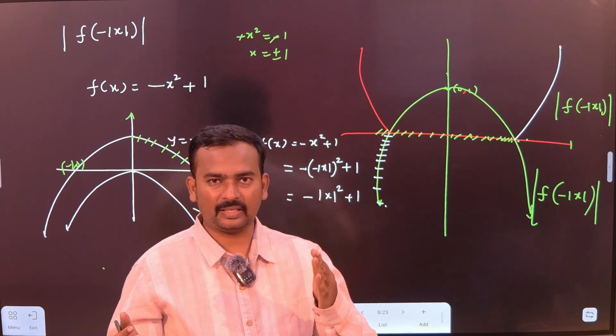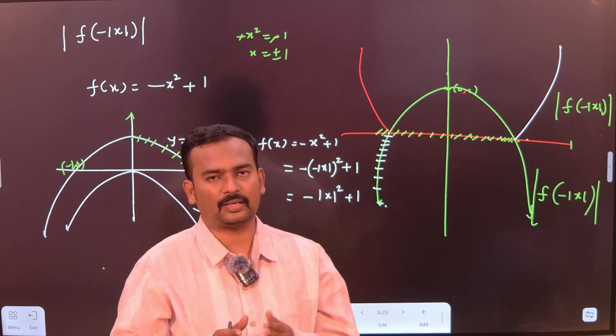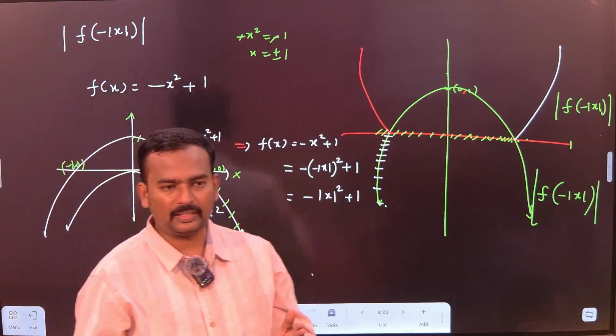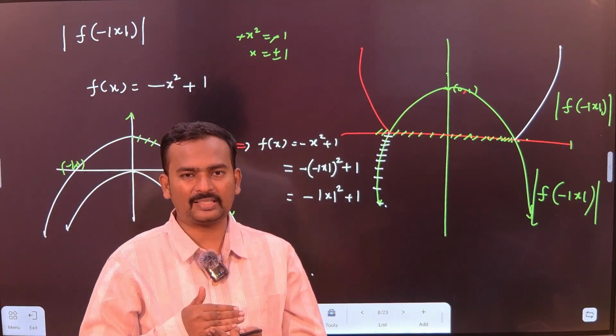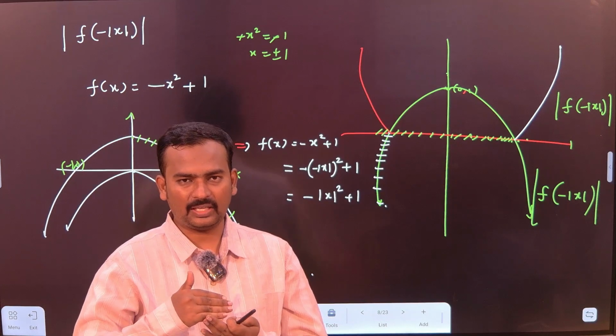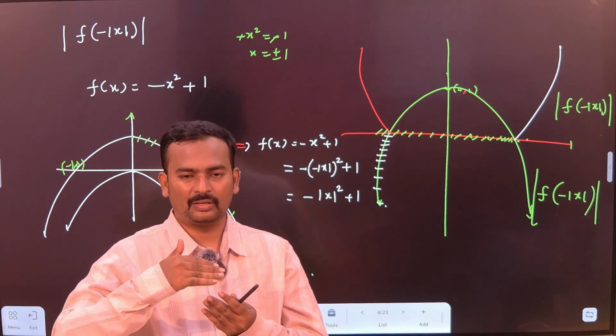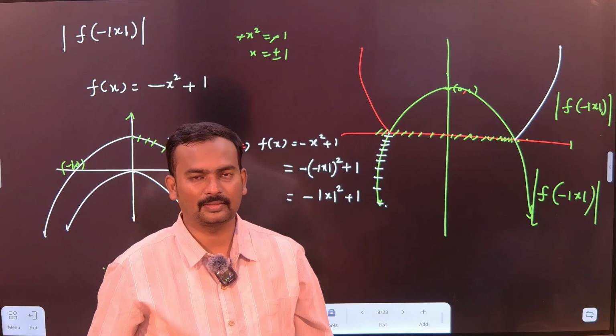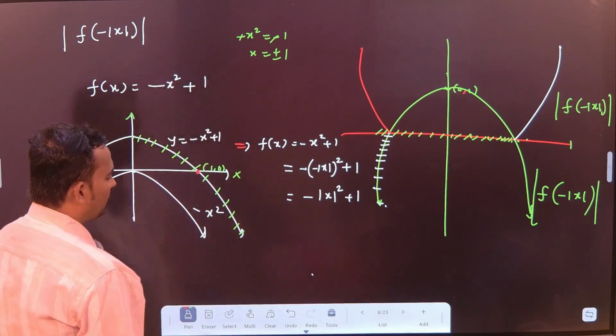Whatever the left side is there, take the image of that with respect to y-axis. Clear? Okay. Then apply the modulus means what you can do? Whatever is below the x-axis, you have to take the image of that below x-axis part with respect to x-axis. Okay, fine.